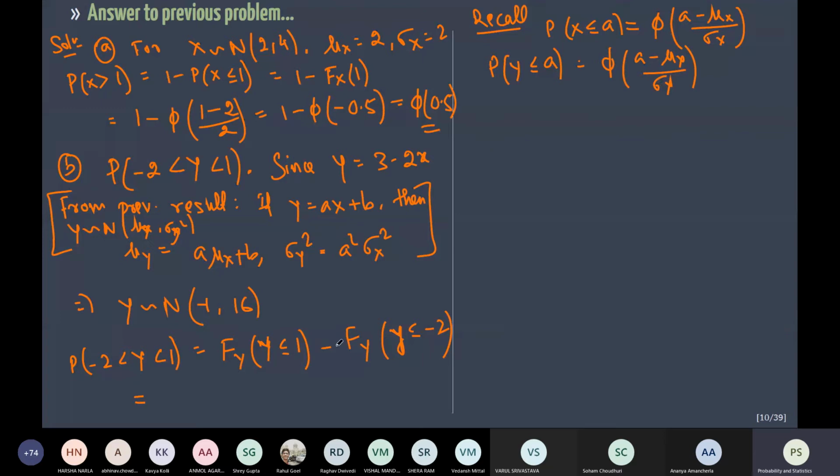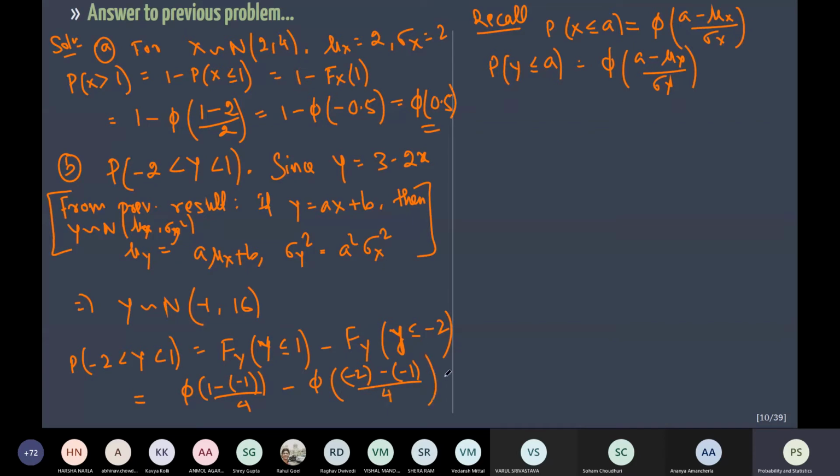So from here we can write phi of (1 minus (-1)) divided by 4, where 4 is sigma y, minus phi of (-2 minus mu y, which is -1), divided by sigma y, which is 4.